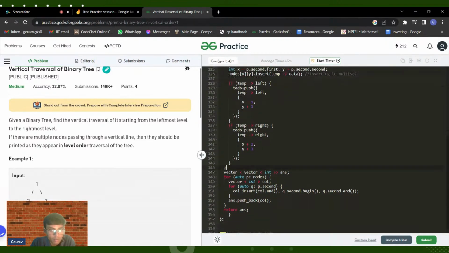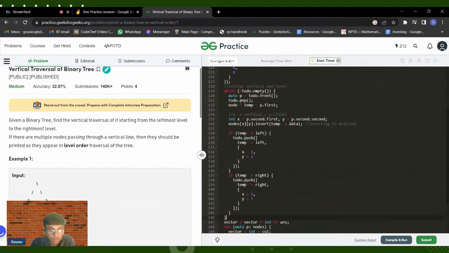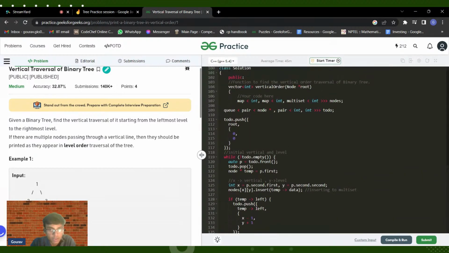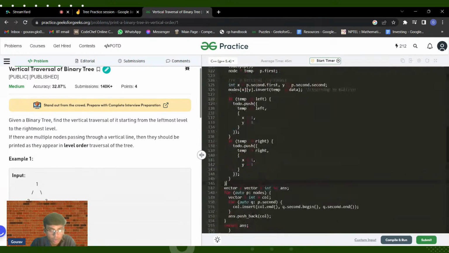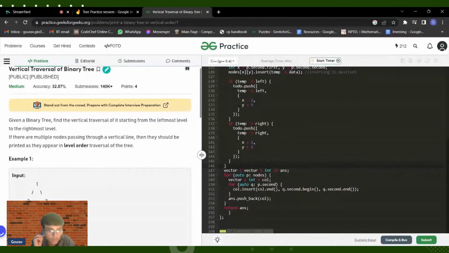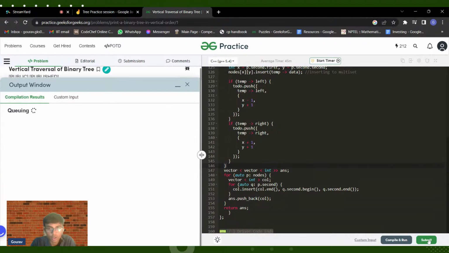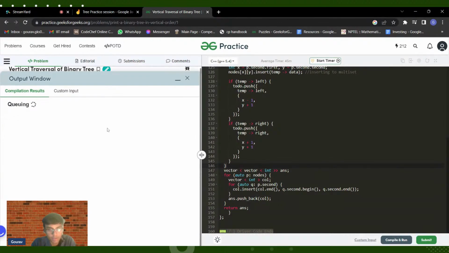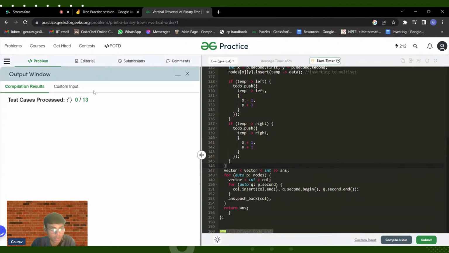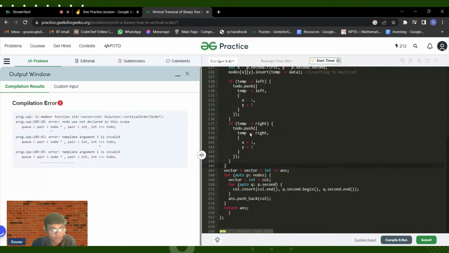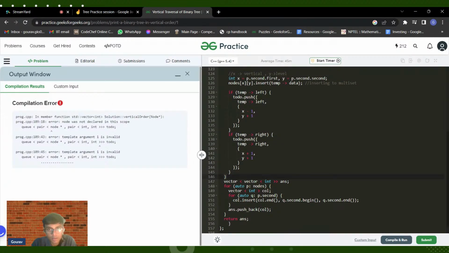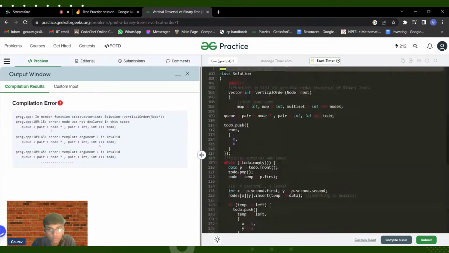Now, finally, we need an answer vector as well. Okay, so basically in this question, it is said that we are supposed to return a single answer only. Okay, so a single vector answer. Okay, not a two-dimensional vector. You can see that if I try to submit this problem, this will not run actually. Yes, so let's try to have a look.